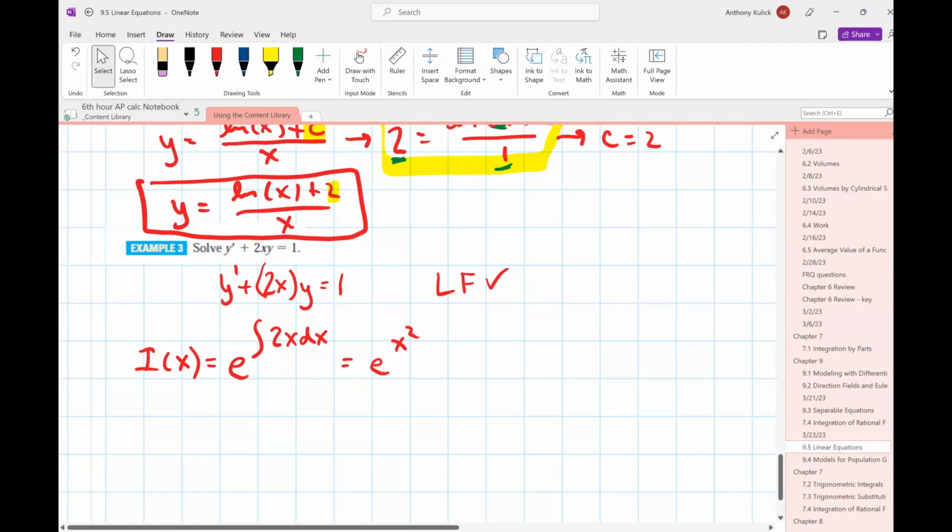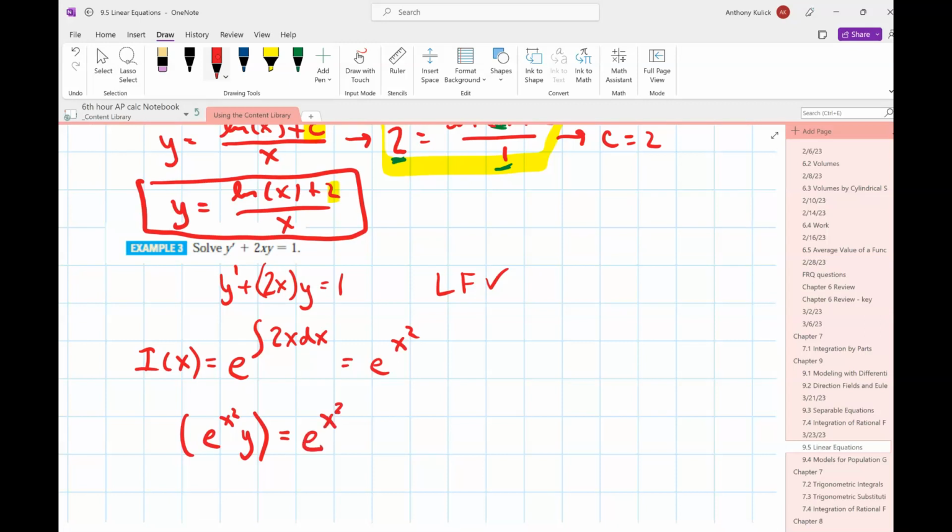So the next one, we're already in linear form, so nothing to do there at the start. So I just dove right in to find the integrating factor, which should be e to the x squared. I multiply both sides by my integrating factor and compress.